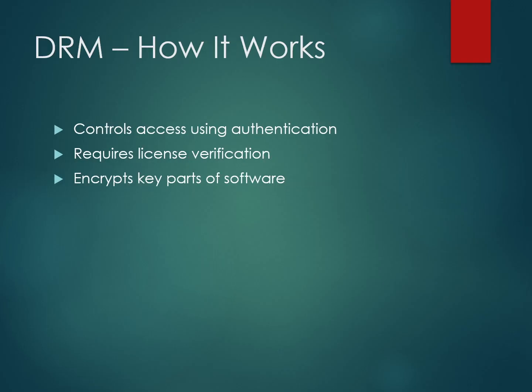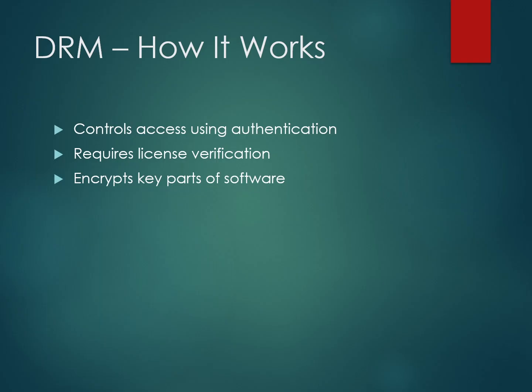The first system I will go over is digital rights management, also known as DRM. This system enforces licensing checks during runtime and not just at the start of the software. These checks are done by either accessing some sort of locally encrypted license file or by checking a remote authentication server.